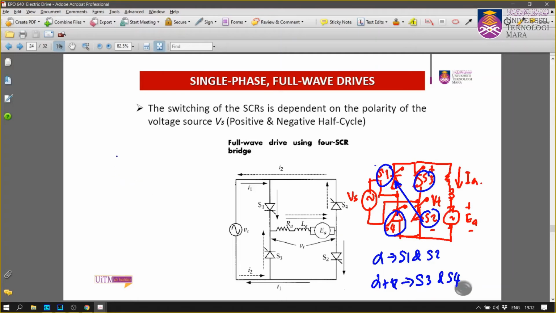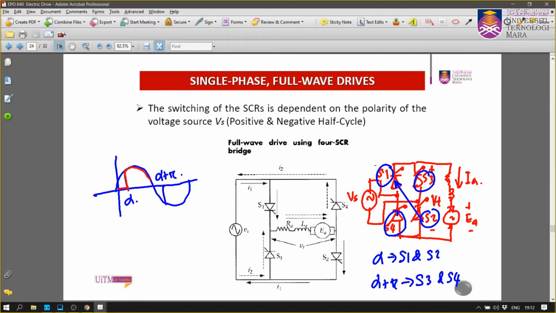Why? If I may write this. Okay, so you trigger at alpha here, and this should be alpha plus pi. So during the positive half cycle, S1 and S2 will be turned on. Therefore, the voltage will follow this direction. This is a purely resistive load.